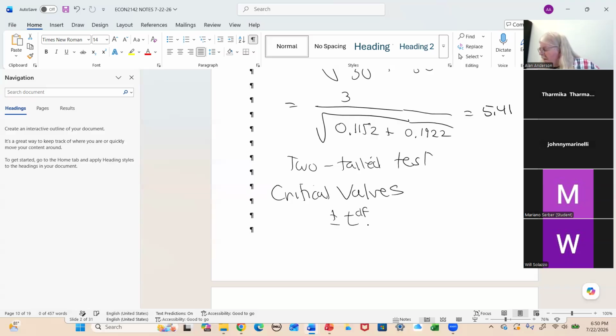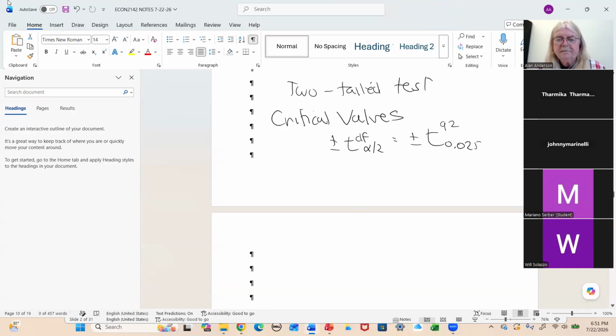I'll just write that as DF. And it turns out if you go through that formula, I'll just stipulate this for you. You'll get 92 approximately for the degrees of freedom. Yes, alpha is 0.05, so half of that is 0.025.